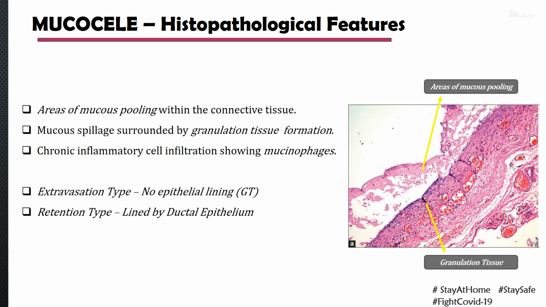The mucus pooling will be surrounded by granulation tissue, which will have a chronic inflammatory cell infiltration, including mucinophages. It should be remembered that the extravasation type is a false cyst and there is no epithelial lining, whereas the retention type is referred to as a true cyst and will show a ductal lining epithelium.